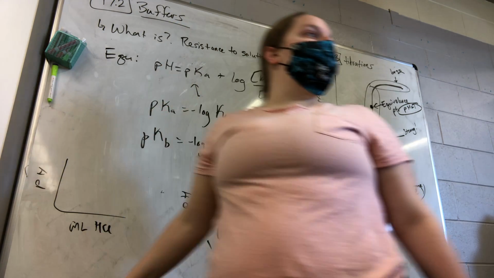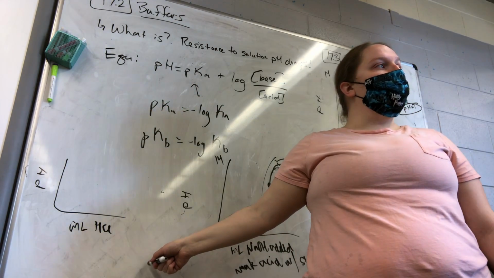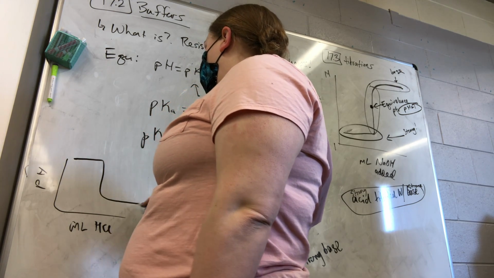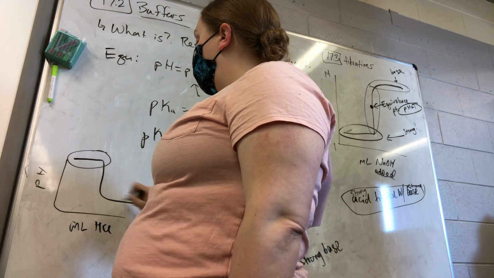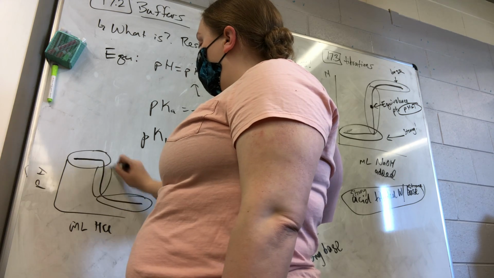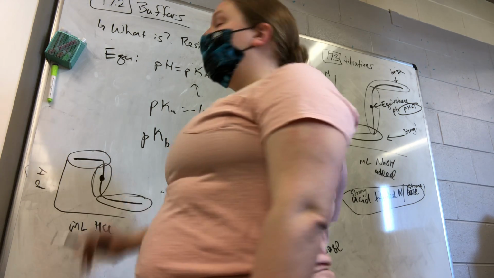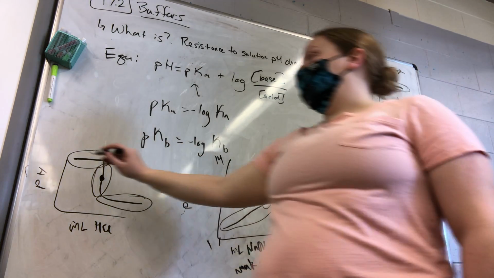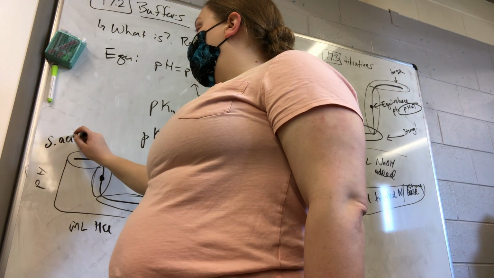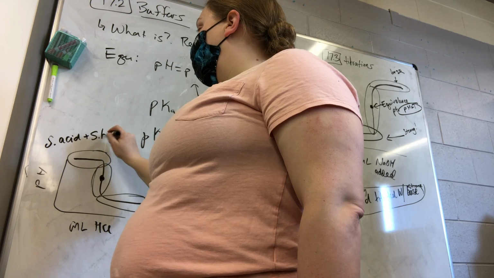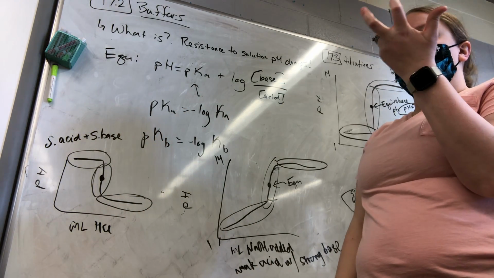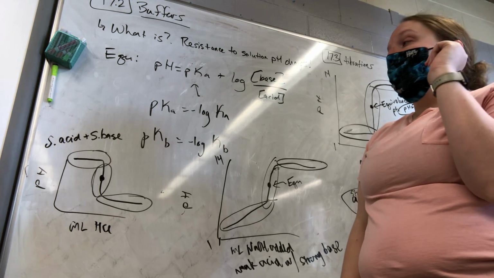So let's say that we used a strong acid instead of a strong base as the titration. Basically what she's asking is if we invert it, right? So this would be a strong acid with a strong base. I guess you would flip them, technically a strong base with a strong acid, whatever.